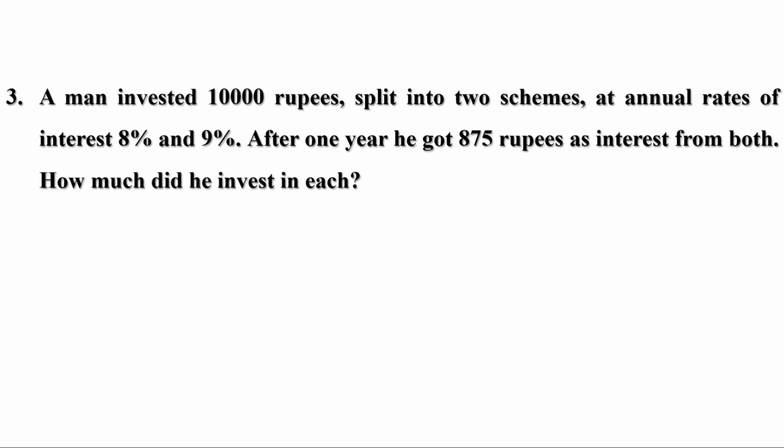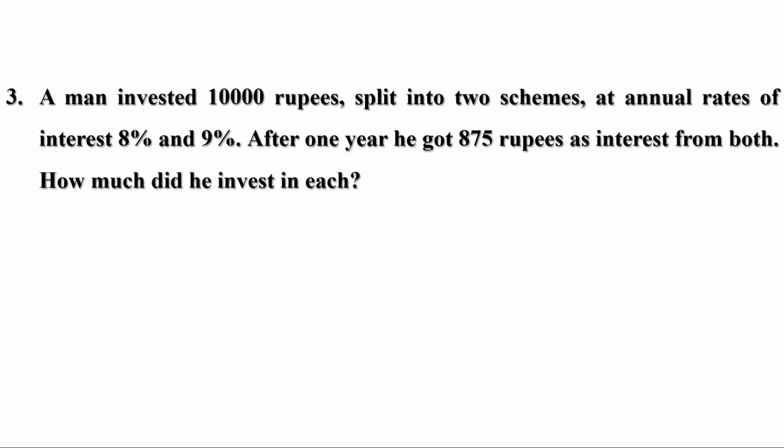Therefore, the total is 100% or 100 into 75. That is 7,500 rupees. That means one part is 7,500 rupees for which he got 9% interest. Then the second part is 2,500 rupees because the total is 10,000 rupees, for which he got 8% interest.